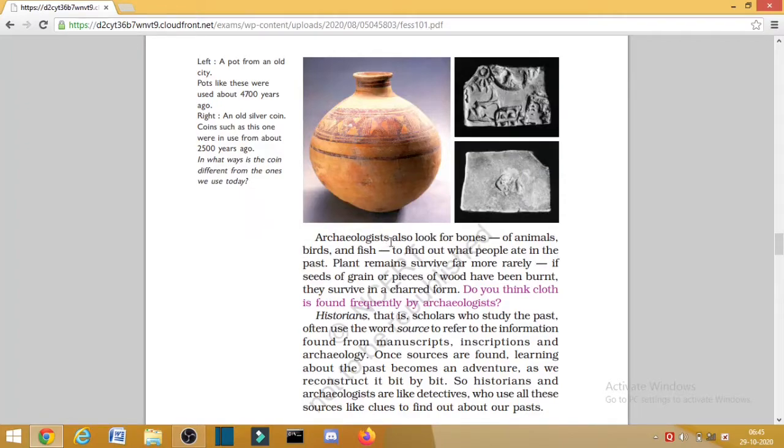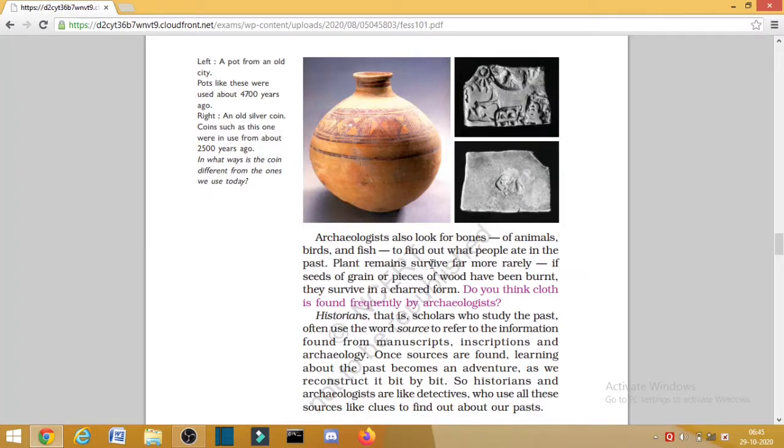Archaeologists also look for bones of animals, birds, and fish. Archaeology, I already told you what it is. They look for bones of animals, birds, and fish to find out what people ate in the past, what the food of those people was in ancient times.